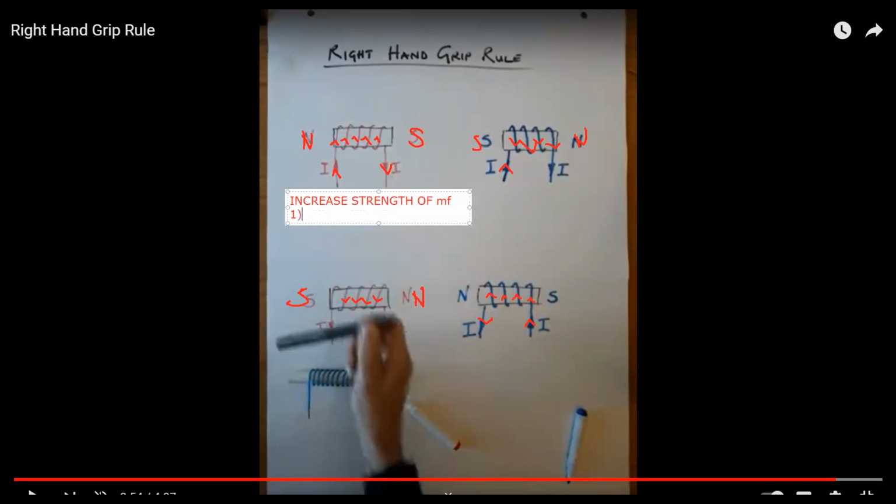Number one, you mentioned adding more coils. So normally you say increase the number of turns. Tiffany, what else can you do to increase the strength of the magnetic field? Add more batteries to the circuit, correct?